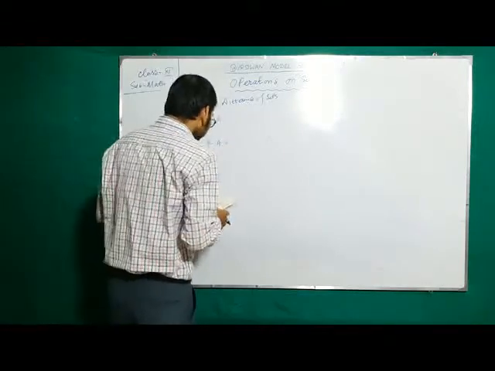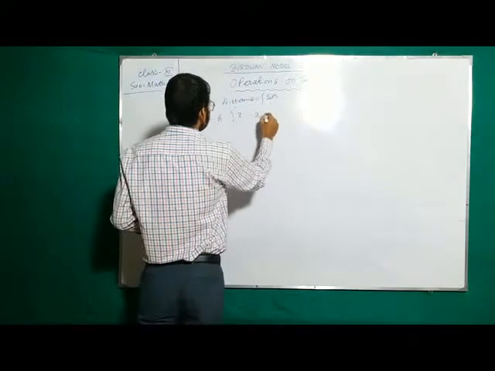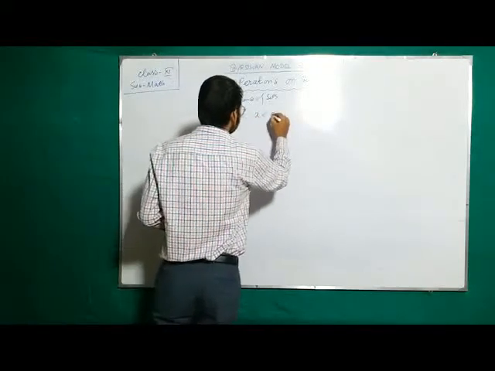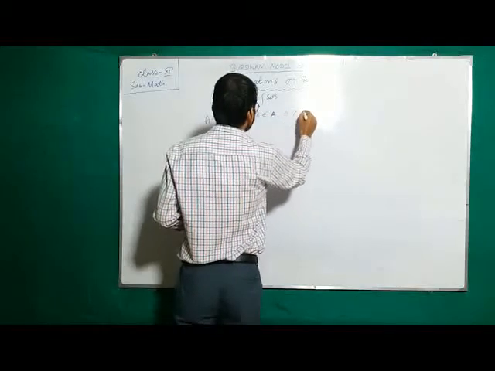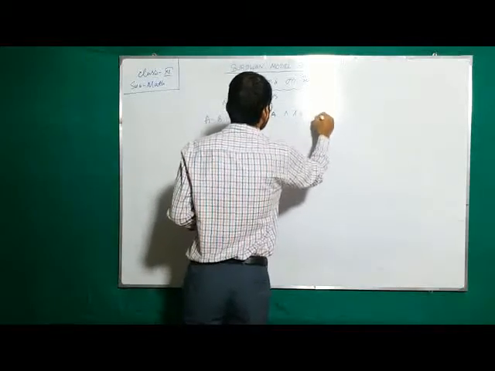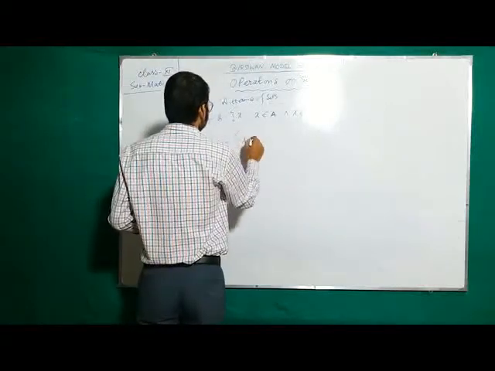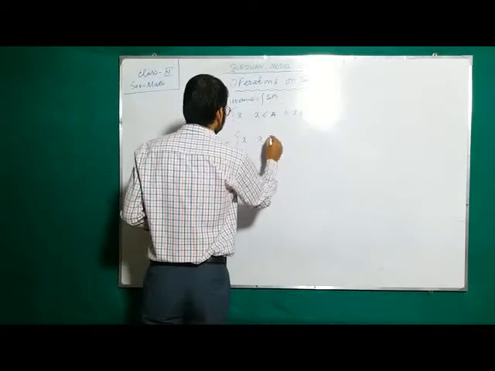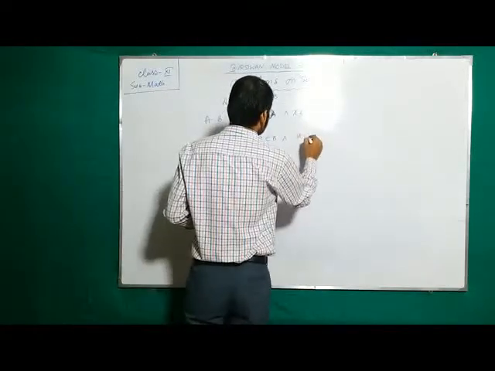A minus B means containing those elements which belong to A and do not belong to B. Okay. B minus A means containing those x, the x belongs to B and x does not belong to A.